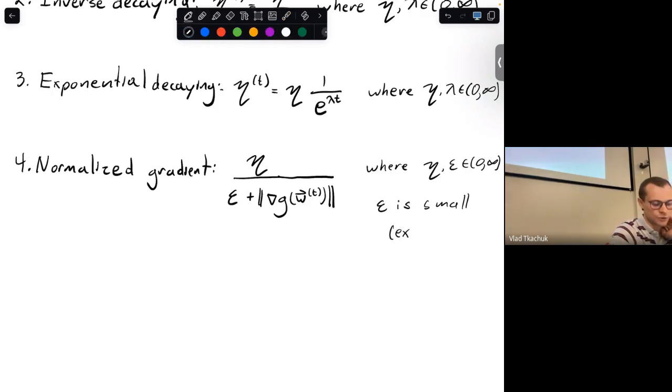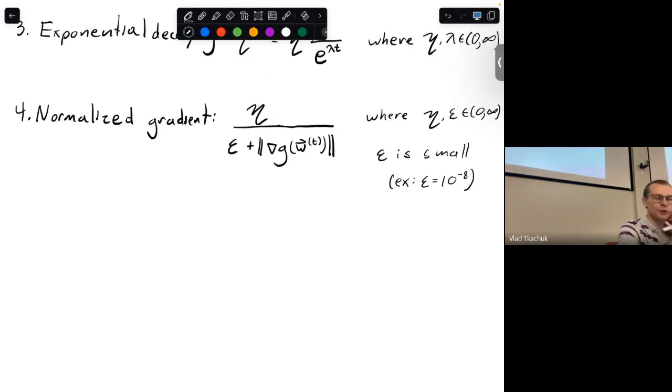So for example, you would set epsilon to something like 10 to the minus 8. So what is this magnitude of the gradient term? People call this the Euclidean distance of a vector, or the 2 norm of the vector. It just measures the size of the vector.